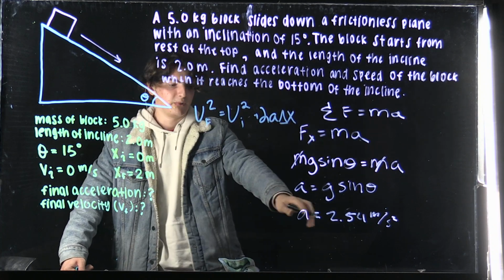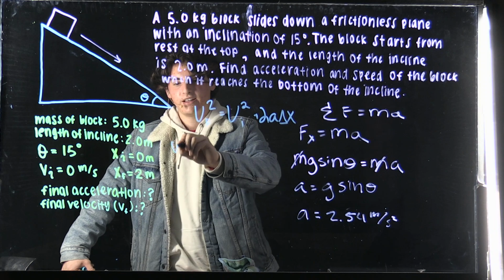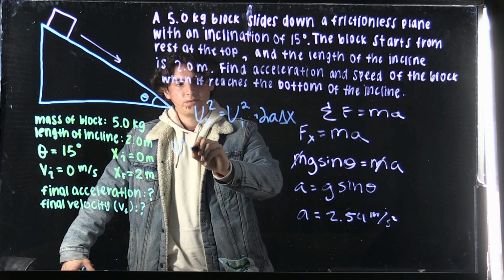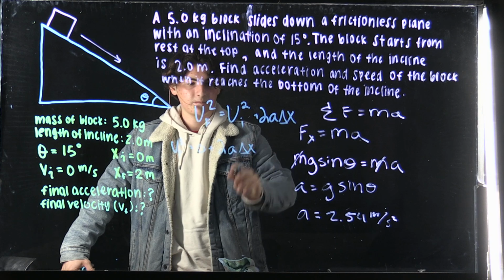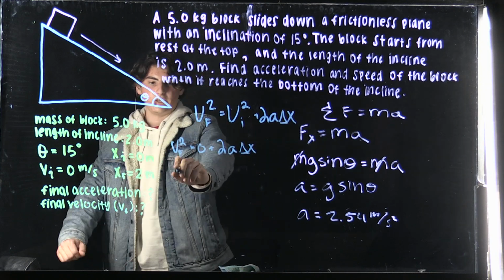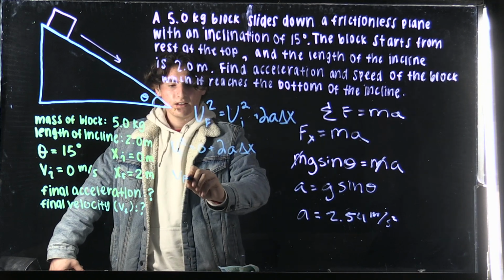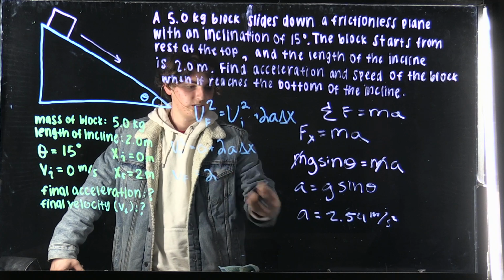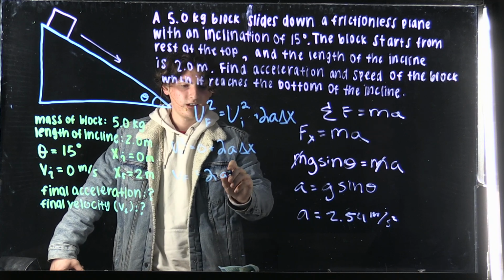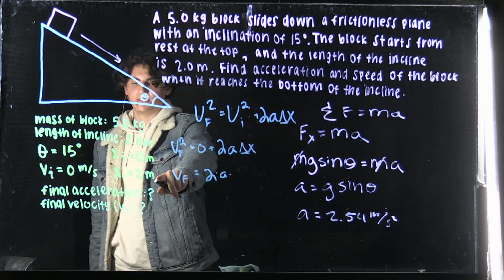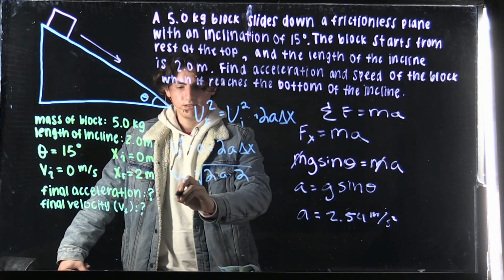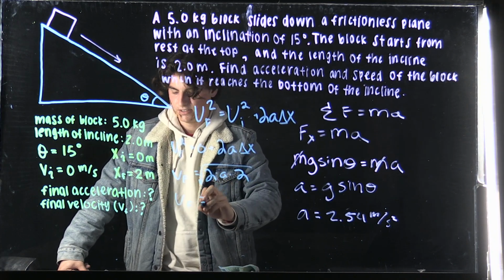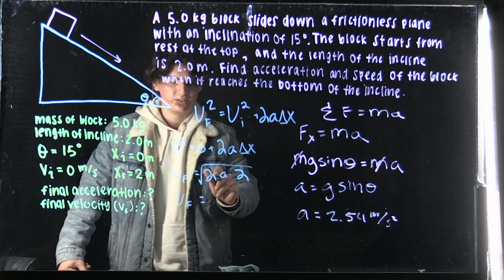With our given information and what we solved for, Vf squared is equal to 0 plus 2 times a delta x. Our acceleration is here, and our delta x is 2 minus 0. So our final velocity is equal to 3.2 meters per second.